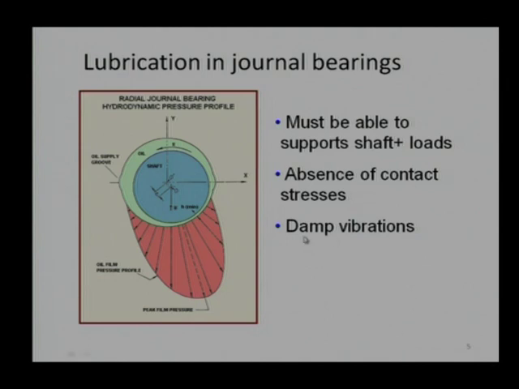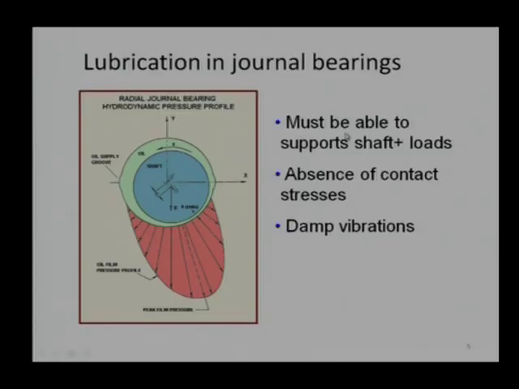In addition, it should damp the vibration, so it needs to have damping properties. From the bearing point of view, what we require from the lubricant is that it should support the load, meaning it should make a thick film lubrication without failure. There should not be any contact stresses, whatever the situation, and finally, it should be able to damp the vibration.